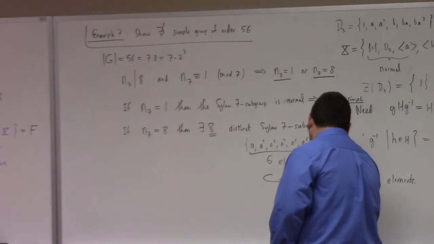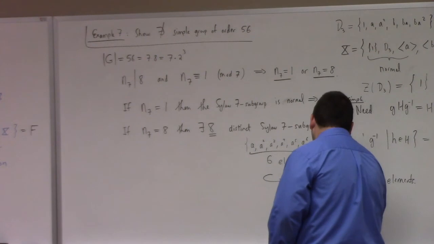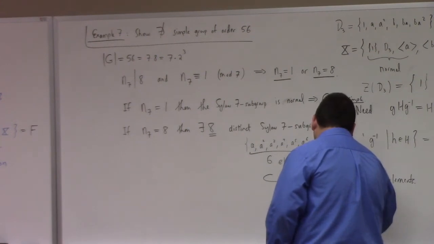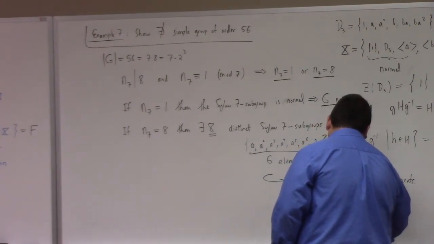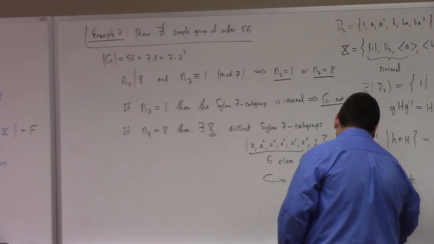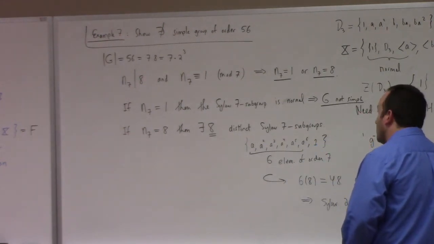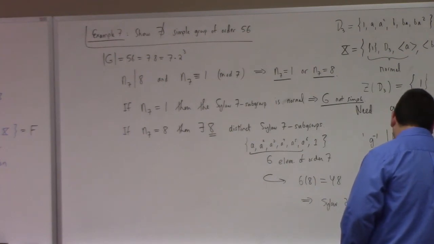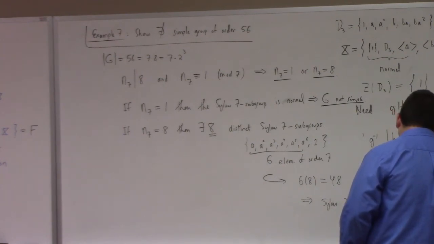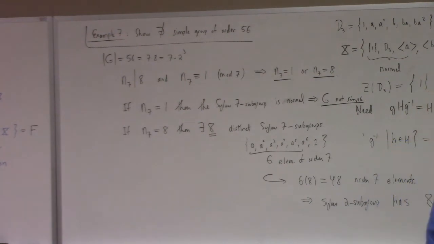So this implies that the Sylow 2 subgroup has 8 elements, right? And because there's a 2 cubed in the order of the group, that's got to be the unique Sylow 2 subgroup.